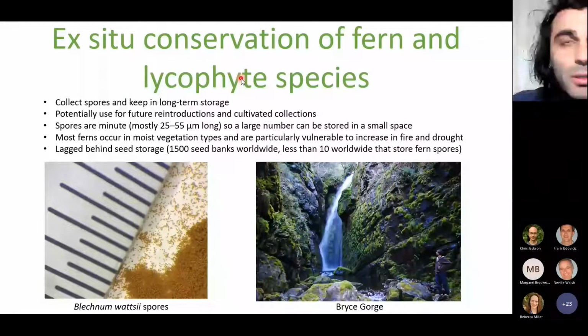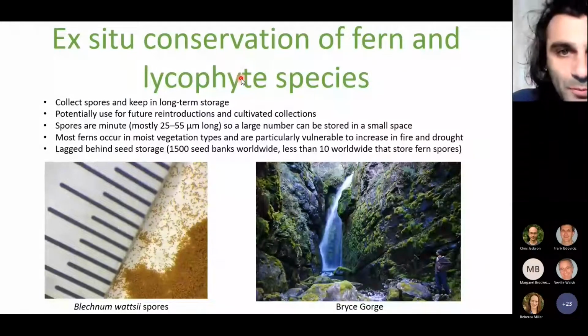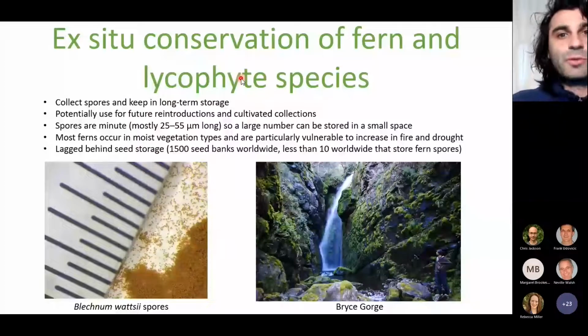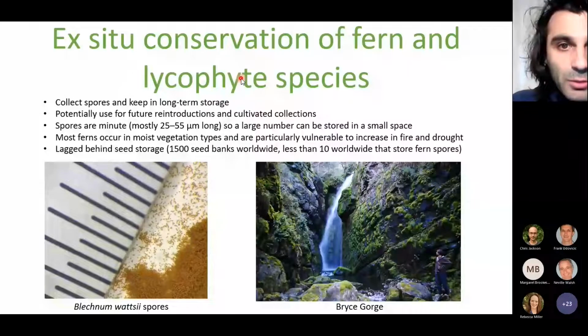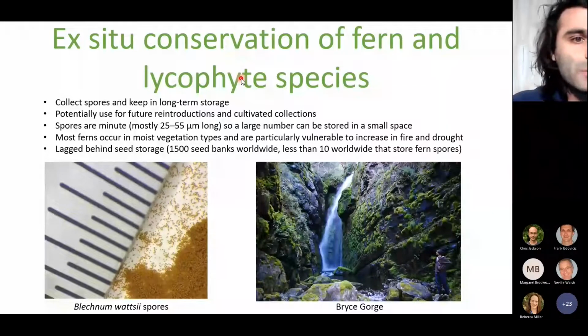So if a fern species was to go extinct in a particular area, those sources of spores could become useful for reintroducing into those areas, particularly if the spores were from a similar, nearby, or the same location. They can also produce cultivated collections, so augment whatever collections we currently have in the botanic gardens and also produce captive populations of those species.